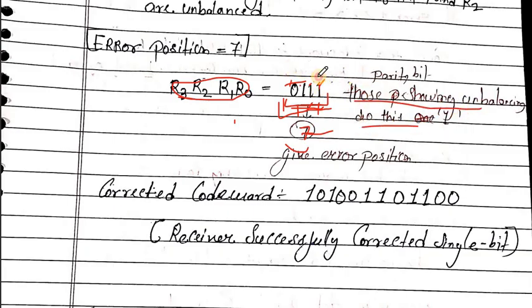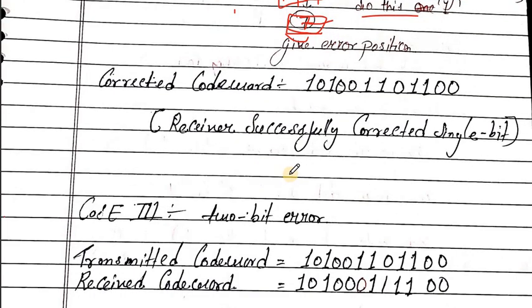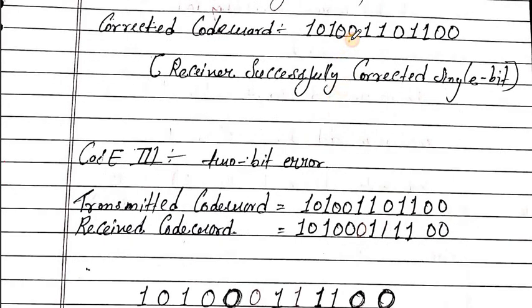These are the parity bits showing unbalancing in the string. After that we get 7, the place at which the single bit is corrupted. After correcting, the receiver will get the error-free code.